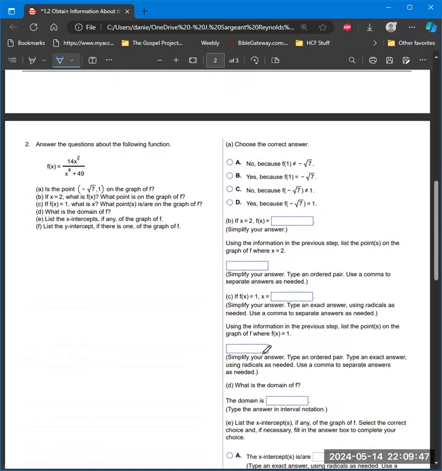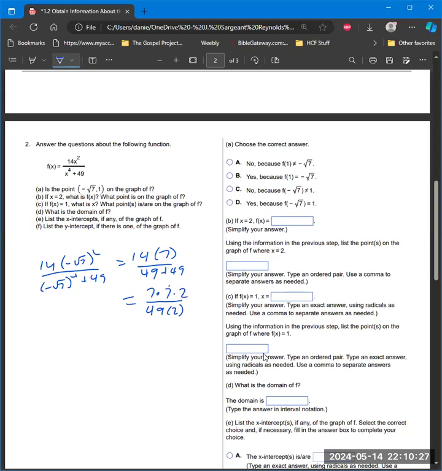For this equation here, is the point (-√7, 1) on the graph? 14 times -√7 squared over -√7 to the 4th plus 49 is 14 times 7 over 49 plus 49, which is going to be 49 times 2, and then 7 times 7 times 2.